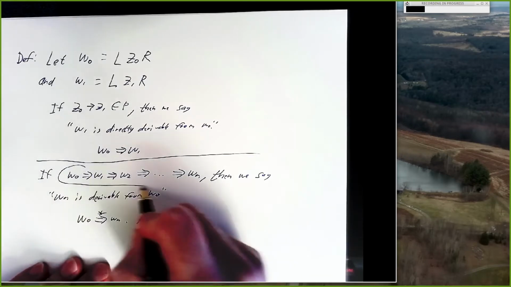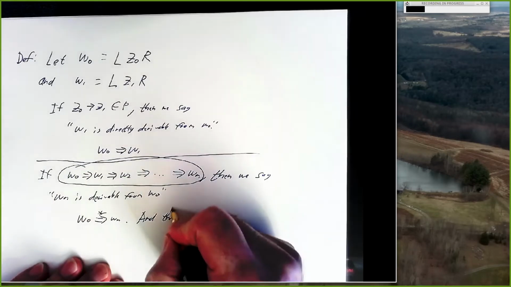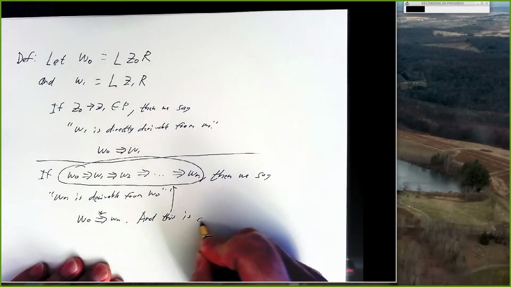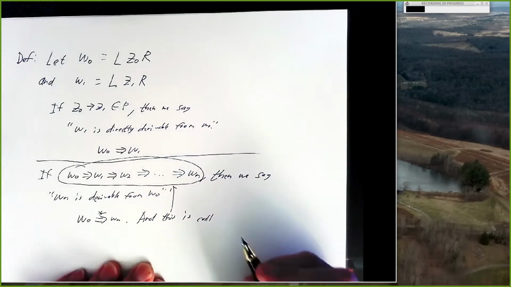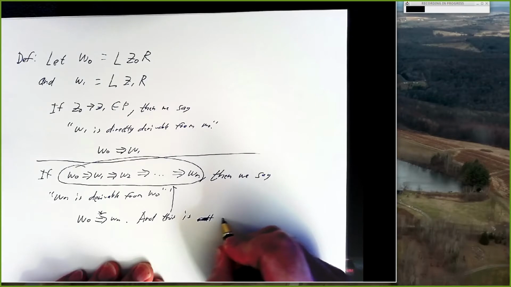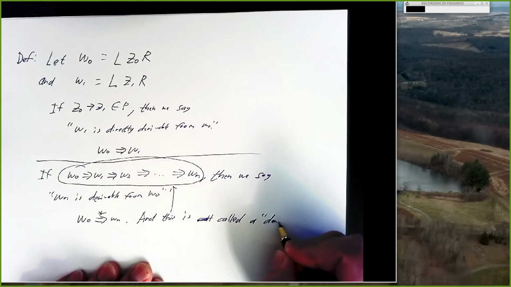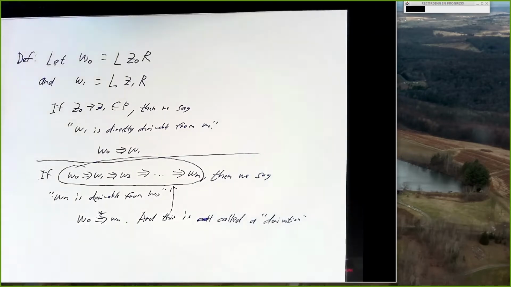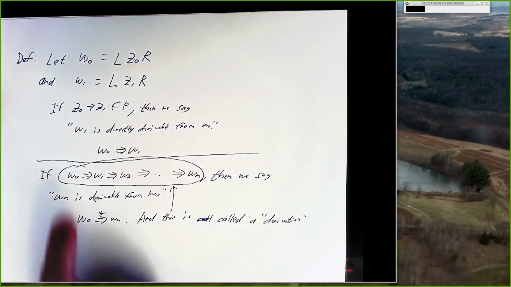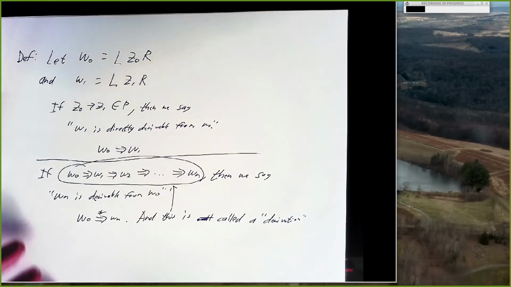And this is called a derivation. So the derivation is a sequence of direct derivations that tell you how to get from W0 to Wn in this case.